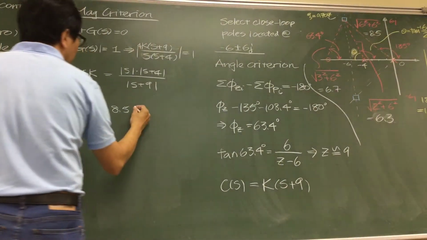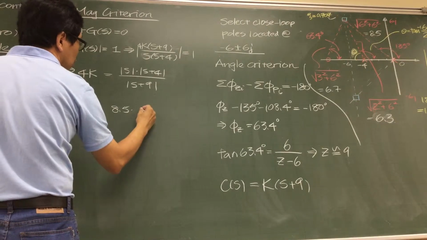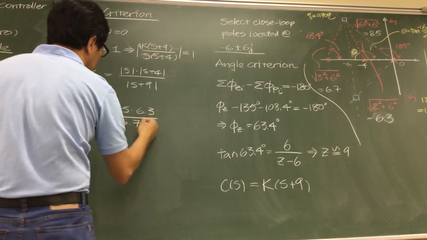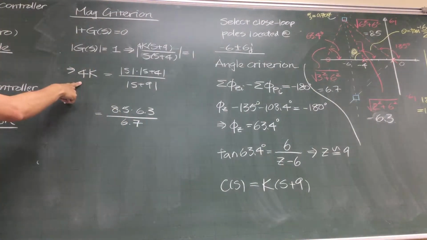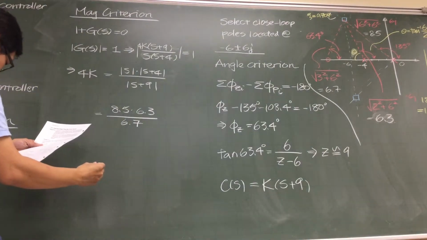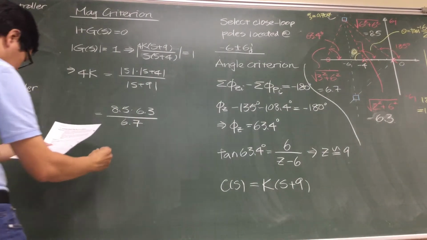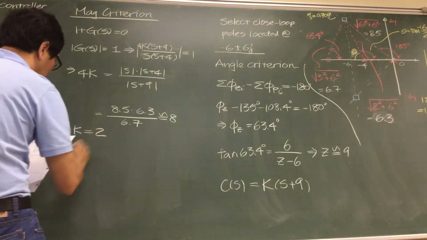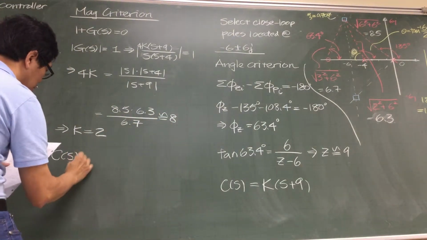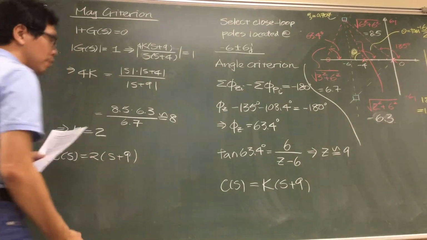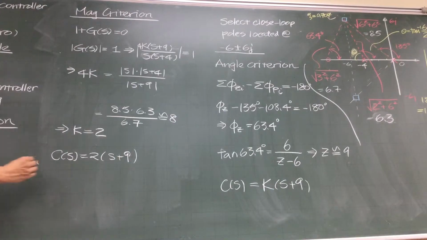So I'll have 8.5 multiplied by 6.3 divided by 6.7. Keep in mind on the other side that's 4K. So it yields K equals to, this is about 8. So K is about 2, which means my controller is going to be 2s plus 9. That ends my design of the controller.